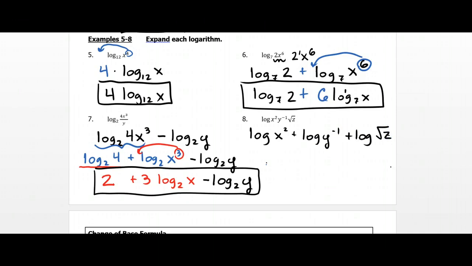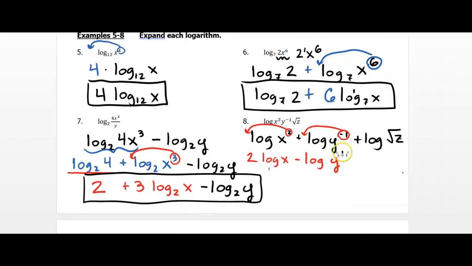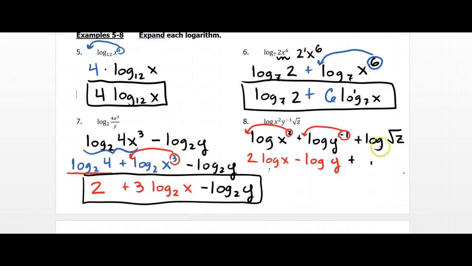Okay, the next thing I can do is use my power property. This 2 can come out front, as can this negative 1. So this would become 2 log base 10 of x minus log base 10 of y. And then radical z, I know I can rewrite with an exponent.